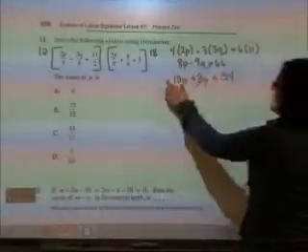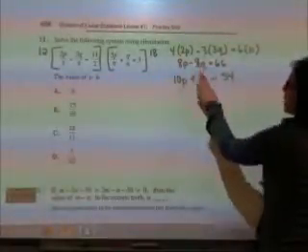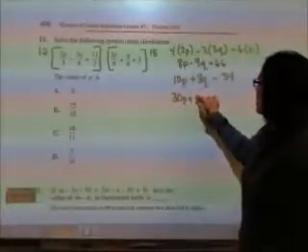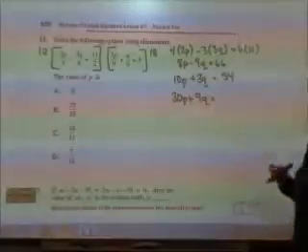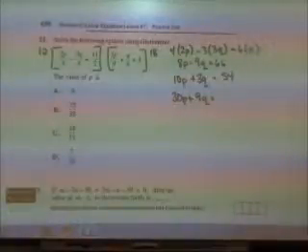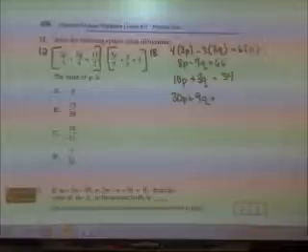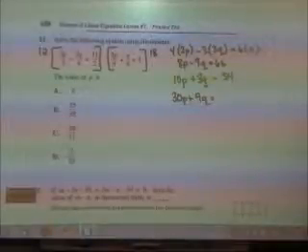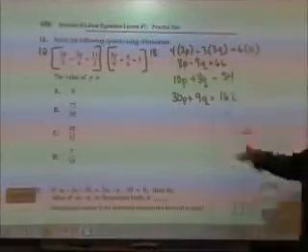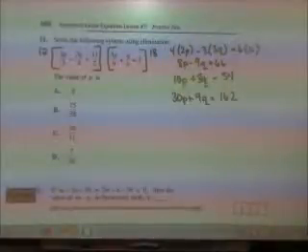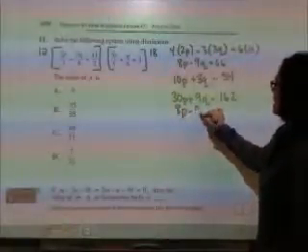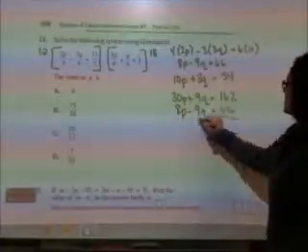If I multiply this equation by 3, my q's would end up both equaling 9. So I'd have 30p plus 9q equals 54 times 3. What's 54 times 3? 162? Yep. And then 8p minus 9q equals 66.